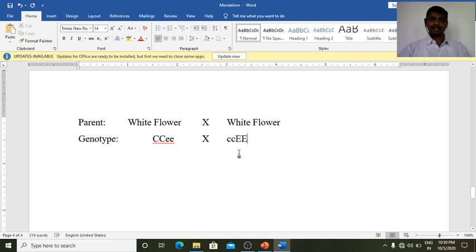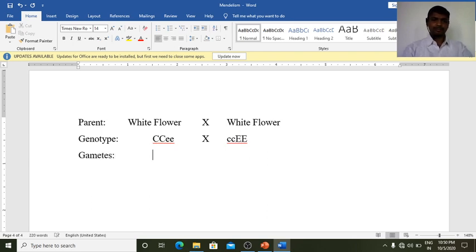Both the dominant alleles are not here for the two different genes. There are two genes C and E. So these genes are not dominant together in any one of these parents, because of which the parents have white flowers. Okay. Now the gametes.